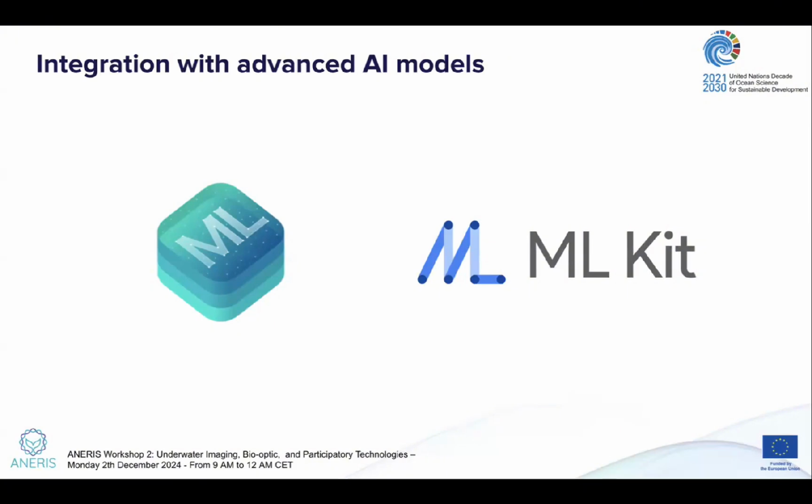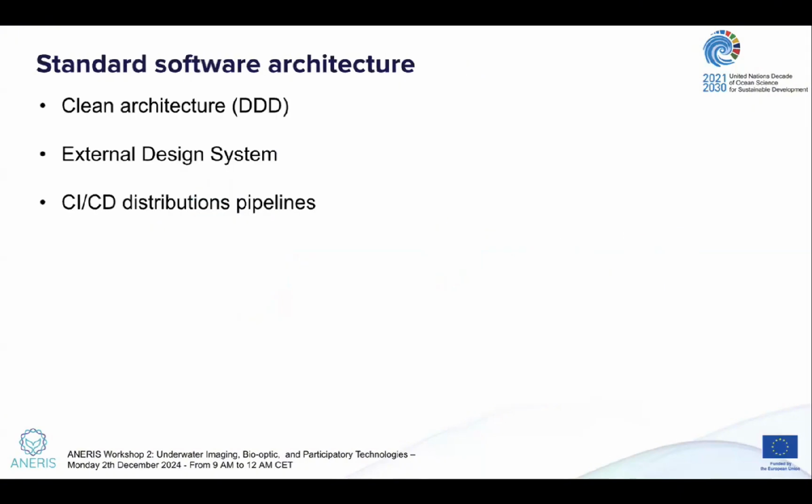So for the other teams of the ANERIS project, you have the most standardized images available, so it is easier for them to work with those observations or detections on the images. So this is pretty amazing. And with ML Kit on Android and Core ML on iOS, machine learning is pretty simple to integrate into Flutter apps.